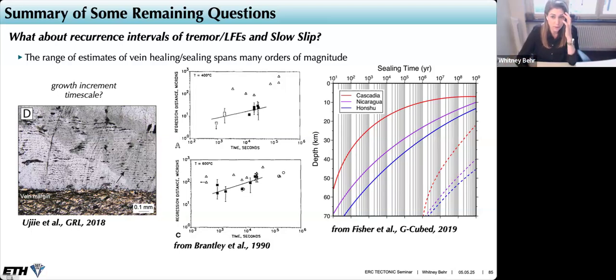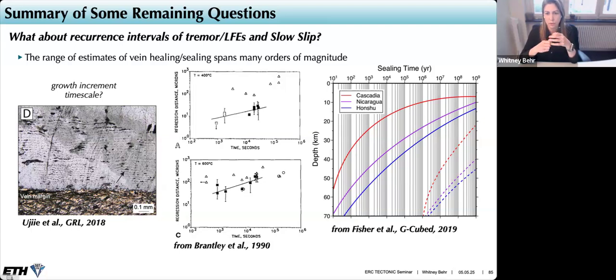But we can at least consider that one of the primary rate limiting components in these frictional viscous systems should be the rates of mineral growth in veins. So there's some potential for correlation between recurrence intervals of low frequency earthquakes or slow slip and the kinetics of vein precipitation and healing.